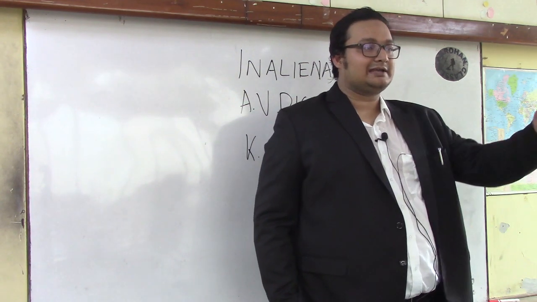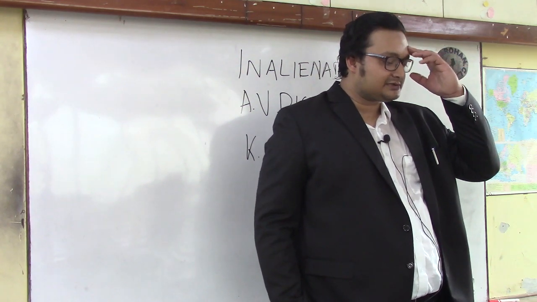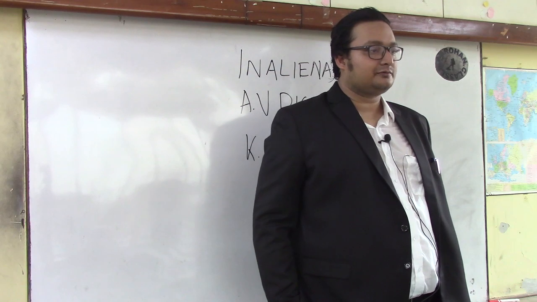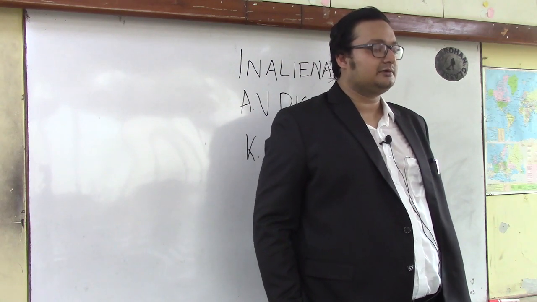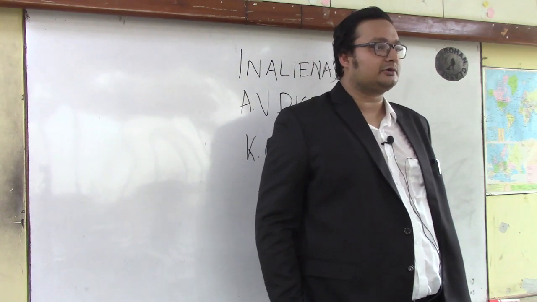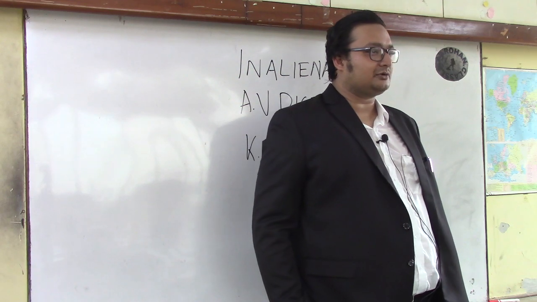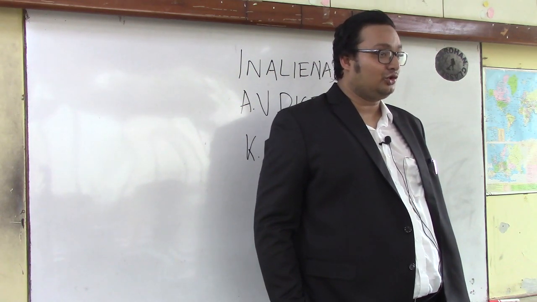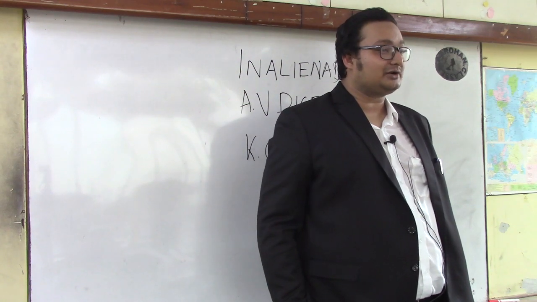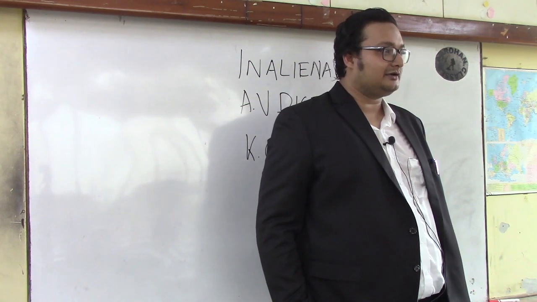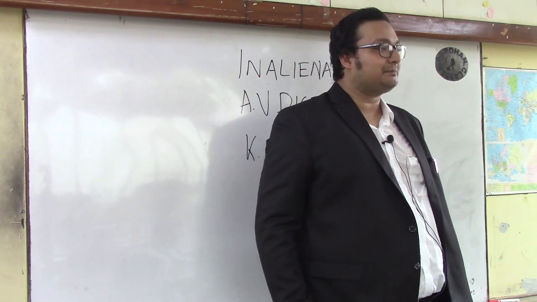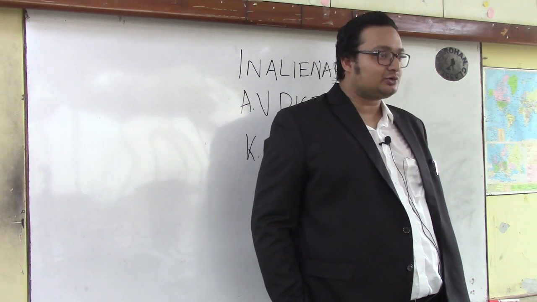What I mean by implicitly or explicitly is this. Article 19 talks about your freedom of speech and expression, right? Expressly it talks about it. But does it talk about freedom of information? Does it talk about the right to know? It does not talk about it directly. It talks about it indirectly, implicitly. It implies the existence of the right to information.